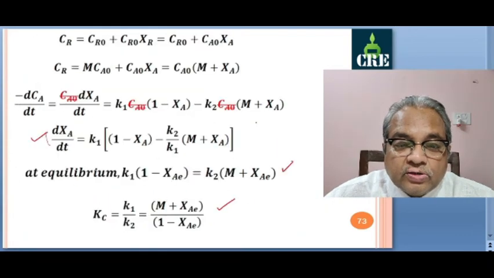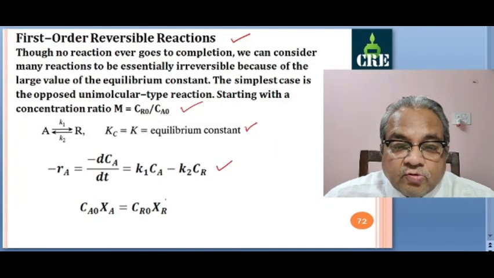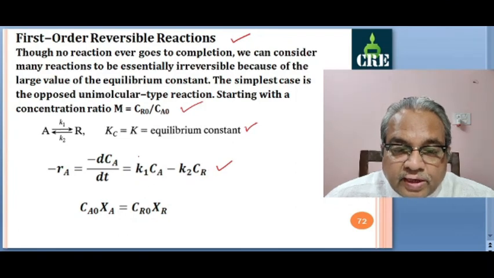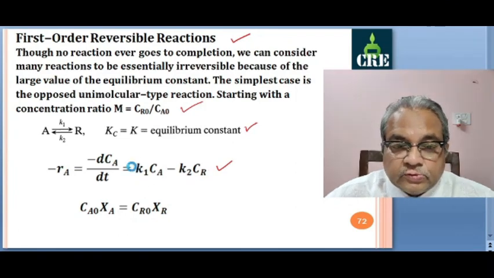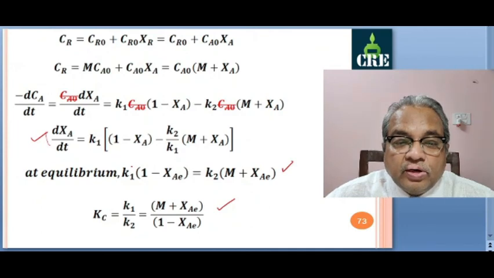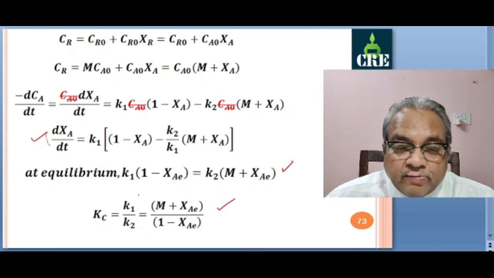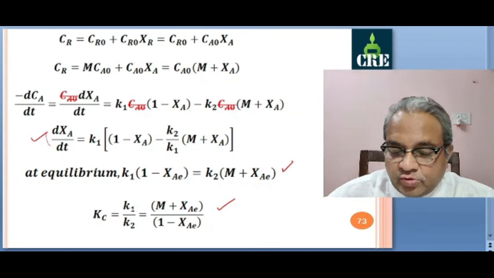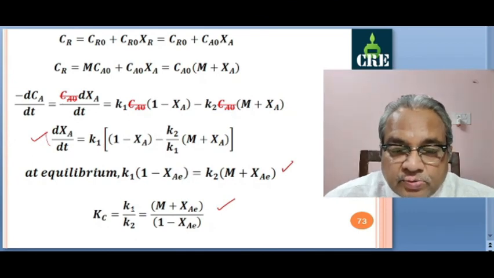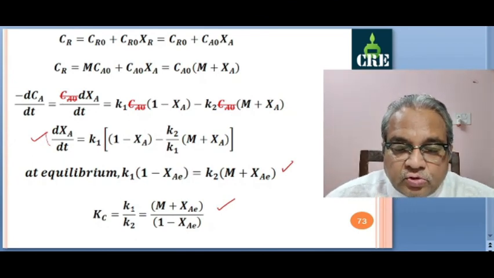If the rate law is to be written, it is written in the form K1CA minus K2CR. So you have evaluated K1, and you have the relationship between K1 and K2. So once K1 is known, M is known, XAE is known, you can find out K2 also, and you can write your rate law expression minus RA equals K1CA minus K2CR.